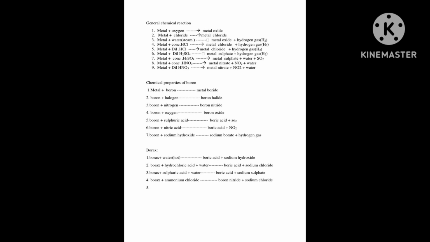I will try to send the diagram so you can understand the structure of diborane. Here there are BH3 units, total 6 hydrogens, and it is a dimer.